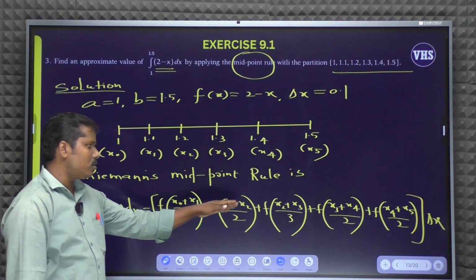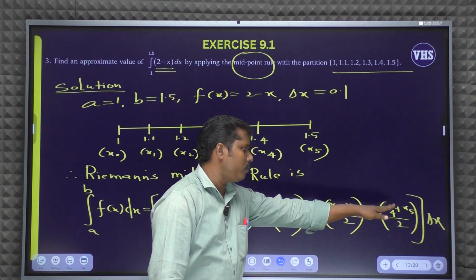So x0, x1, x1, x2, x2, x3, x3, x4, x4, x5.